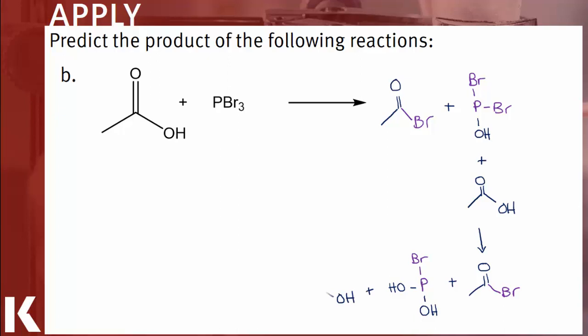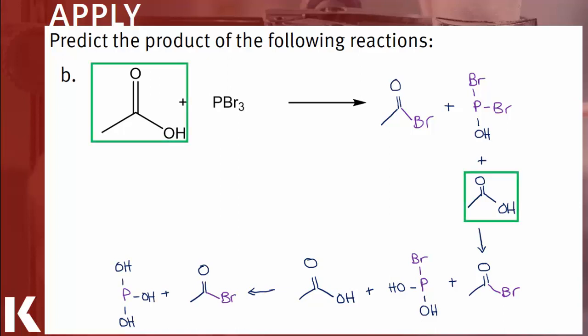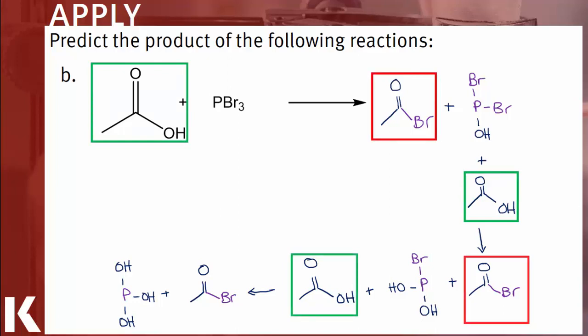Finally, one last equivalent of acetic acid will grab the remaining bromine to produce acetyl bromide and phosphorus acid. Let's make sure everything is accounted for. 1, 2, 3 equivalents of acetic acid produces 1, 2, 3 equivalents of acetyl bromide and 1 phosphorus acid.